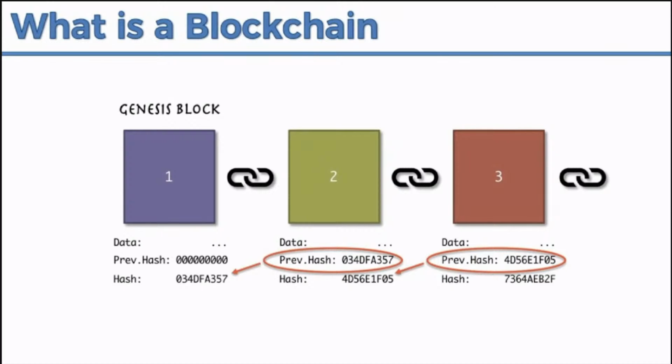So these are completely interconnected among themselves. If some block is added by an attacker, it will not be accepted by anybody. For example, take block number 3 in this picture.